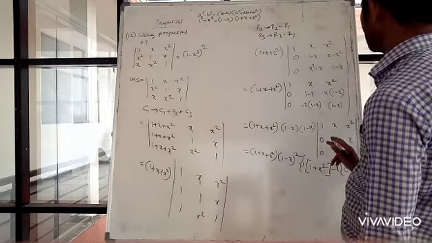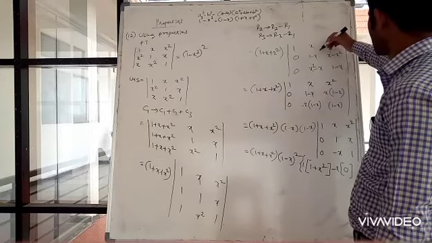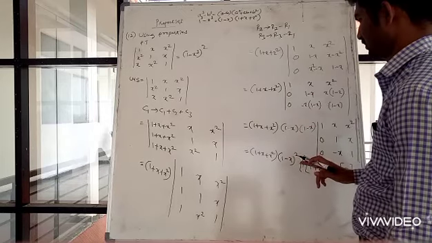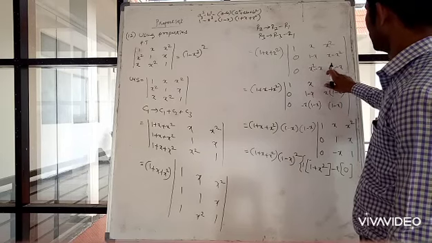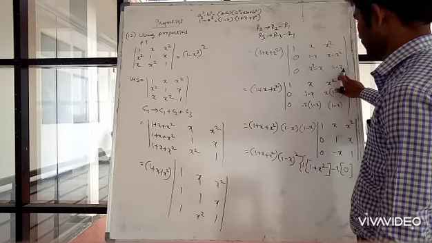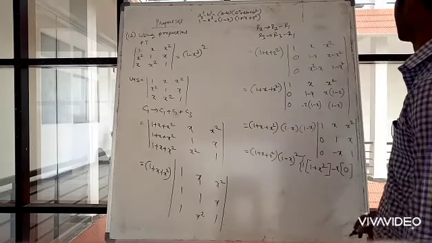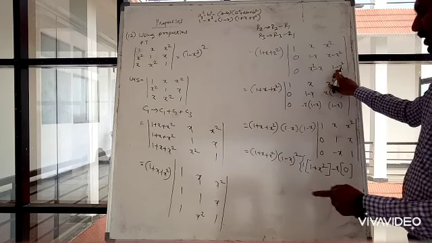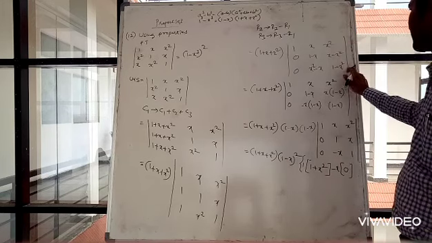Something is wrong here. Here should be 1 minus x square, because r3 minus r1, r3 is 1, r1 is x square, so 1 minus x square will come.